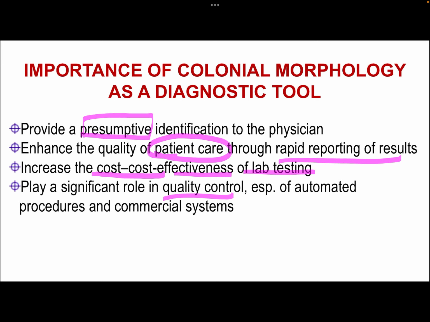So we normally keep that stock culture either in a test tube or in a Petri dish to serve as our reference, in case we are to compare the colonies on the agar, after you isolated the bacteria from the patient sample, to the control, the stock culture that you have in the laboratory. So that's part of the quality control and quality assurance also in the laboratory.